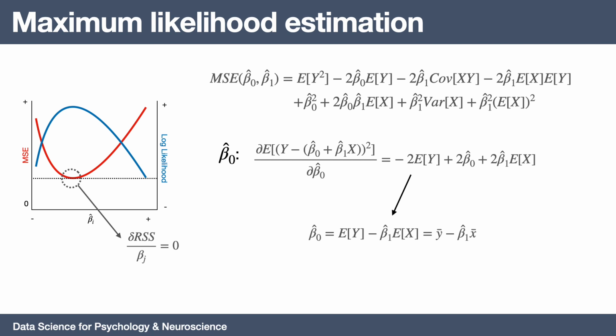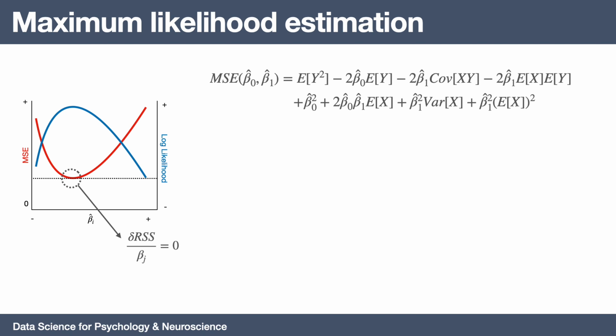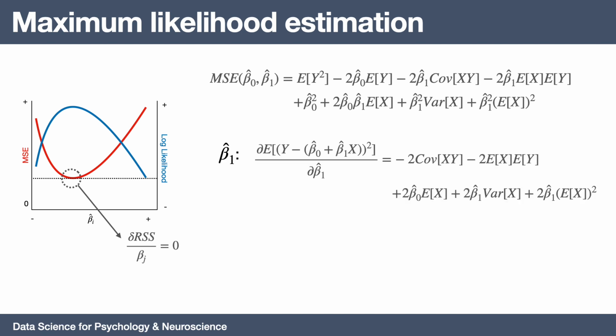Now you notice I can't answer what my beta naught is until I know what my beta 1 is. So now let's solve for this other regression coefficient, beta 1. Again, we're going to start with the expanded out mean squared error and take the derivative of that with respect to beta 1.